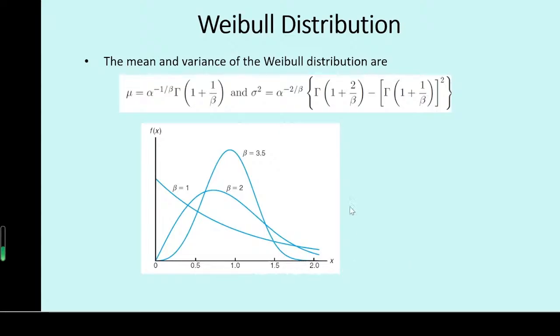And the mean of the Weibull distribution is this form, and the variance sigma square of the Weibull distribution has this form. Quite complicated. This is the gamma function.